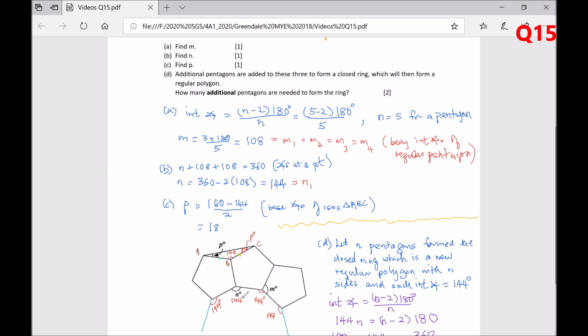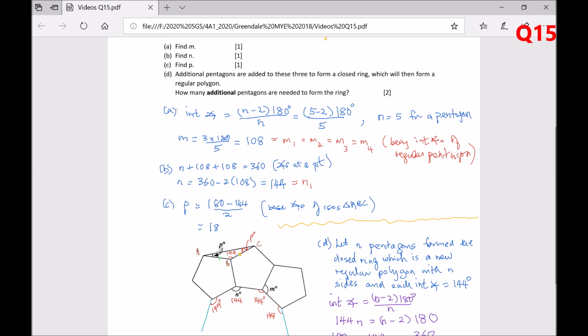So n equals 144. Now, we note that n is also equal to n1, which is angle ABC. So n1 is 144.